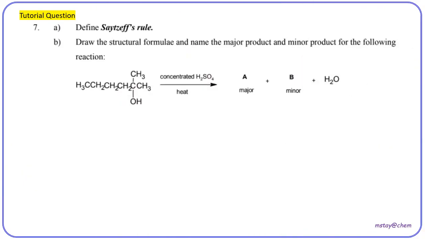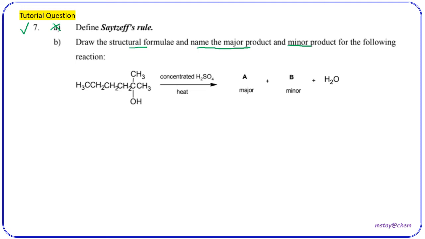Now proceed to tutorial question number 7. Define the Saytzeff rule. We will leave this one out because we already discussed it in the previous slide. So number 7b, draw the structural formula and then name the major product and minor product for the following reaction.